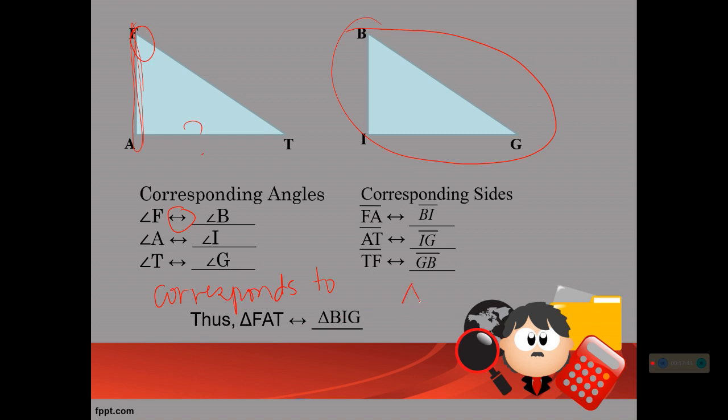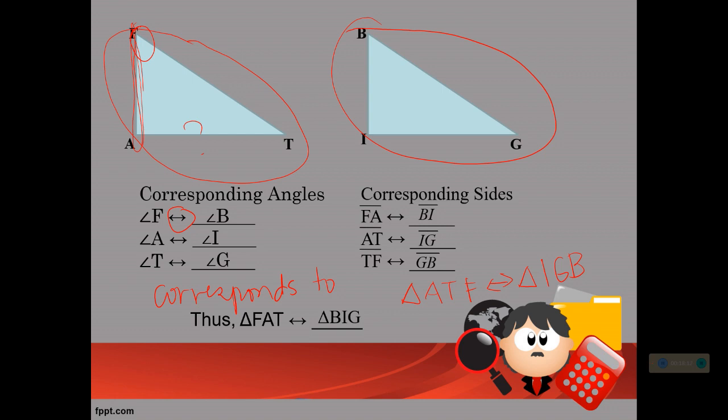For example, I have used triangle ATF. So what should be the name of the other triangle? Triangle ATF corresponds to triangle IGB. Again, whatever direction you have used in naming the first triangle is also the direction you use on the second triangle.